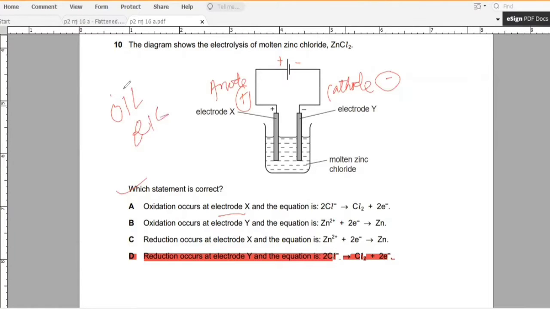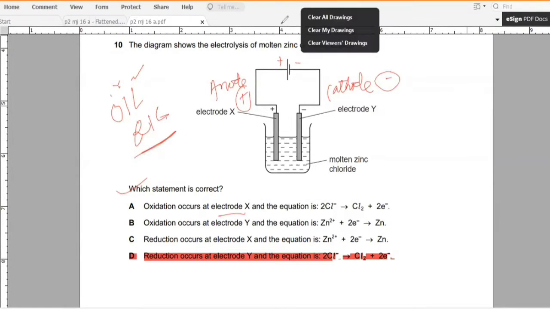Oil, for loss of electrons, is called oxidation. Rig means gain of electrons is called reduction.